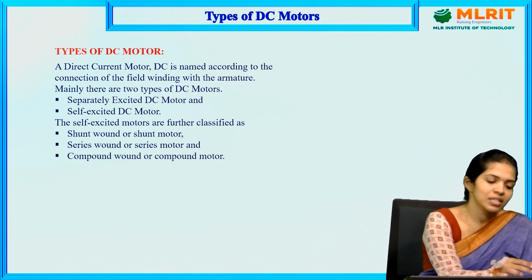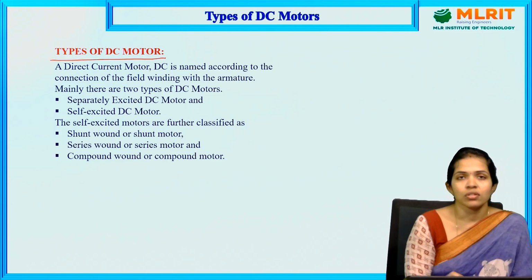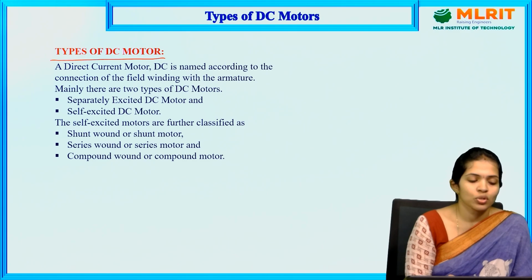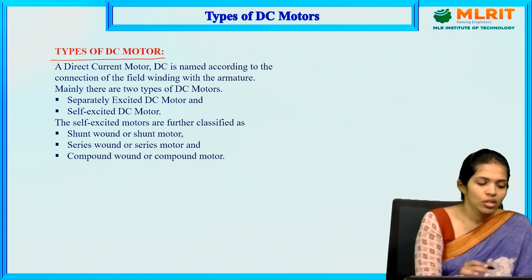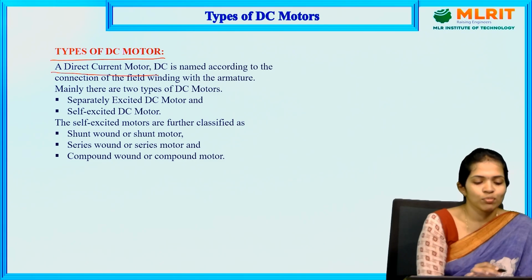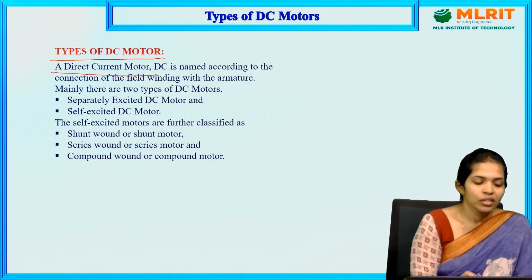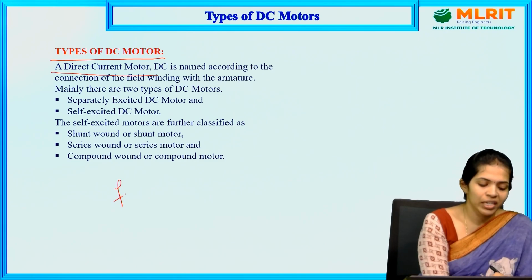We are going to discuss the types of DC motors. In our previous classes we discussed the types of generators, and in the same way we are now going to discuss the types of DC motors. A DC motor, or direct current motor, is named according to the connection of its field winding and armature winding.